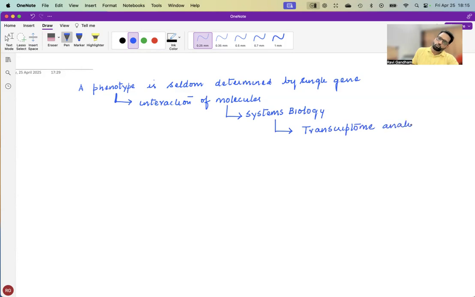The two main tools by which you can analyze the transcriptome are: one, the microarray; two, RNA sequencing.